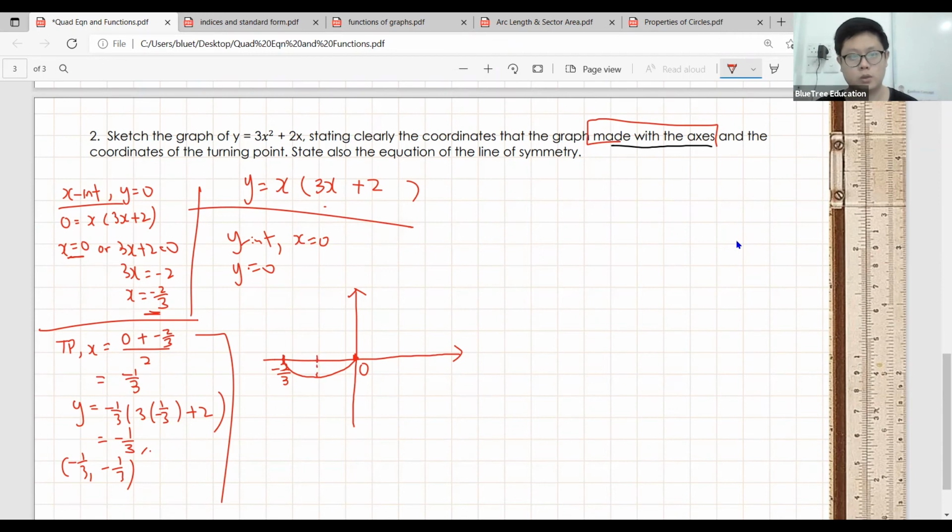This is what you can do as well. All right. So make sure that it is a smooth curve. And last but not least, please also label the equation name.